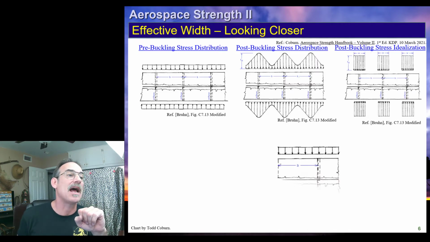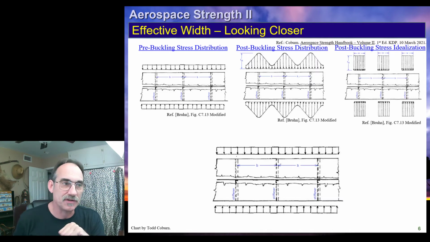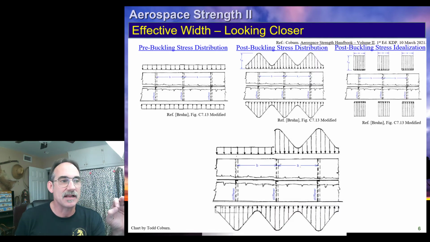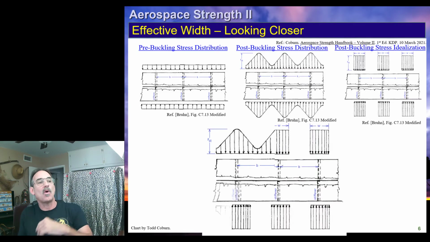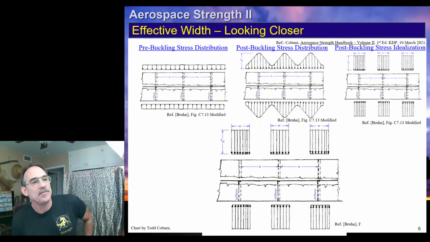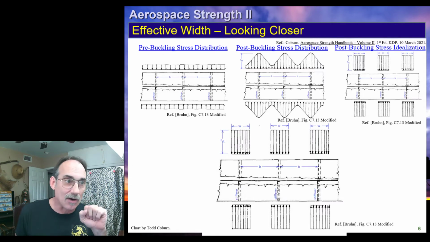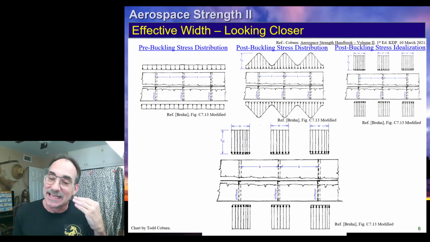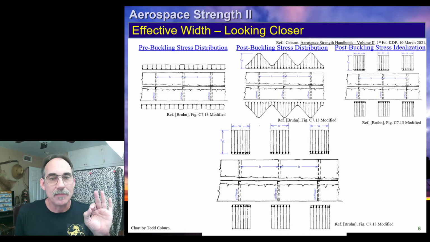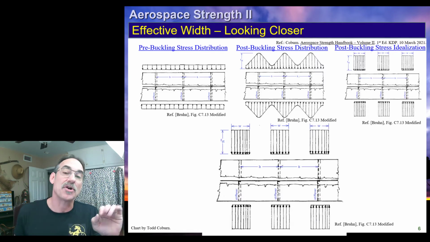To look at this graphic again, under low stresses, we have a distribution of stress like this. As the stress level increases, we see that parabolic distribution of stress developing, and yet we're going to ignore all that and just assume that an effective width of skin is working with the stringer and carrying that load.